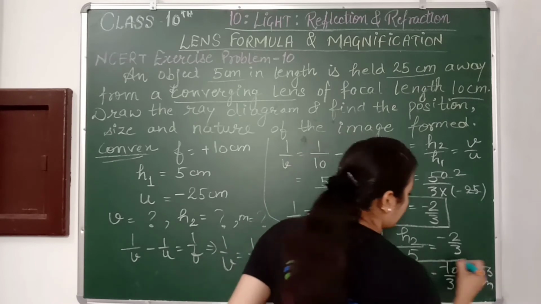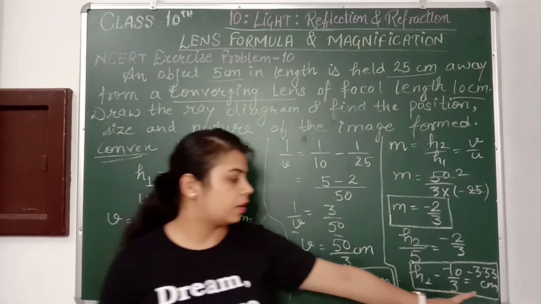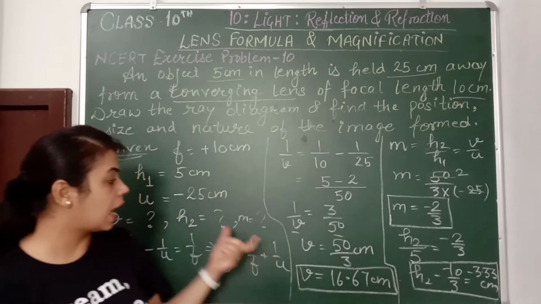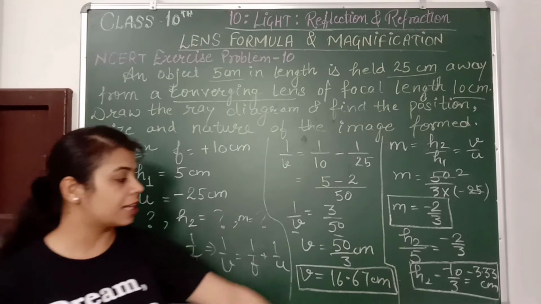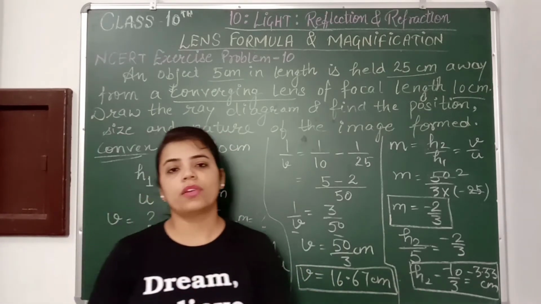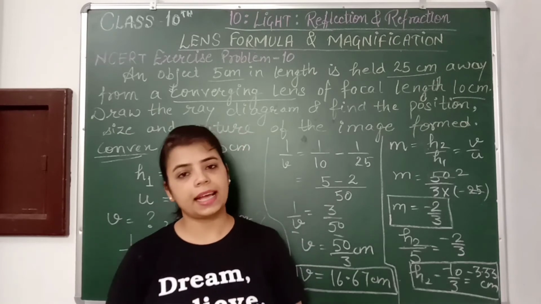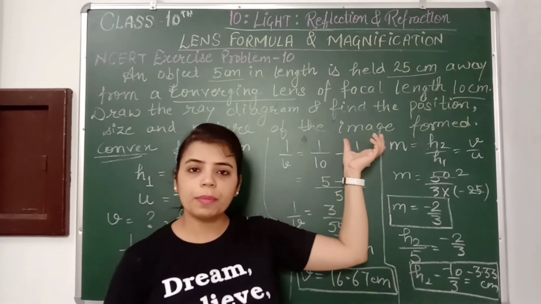This is the height of image, minus 3.33 centimeter, but the height of object is 5 centimeter. So we can clearly see h2 is less than h1, that means the size of image is diminished as compared to the object. And what about the nature of image formed?